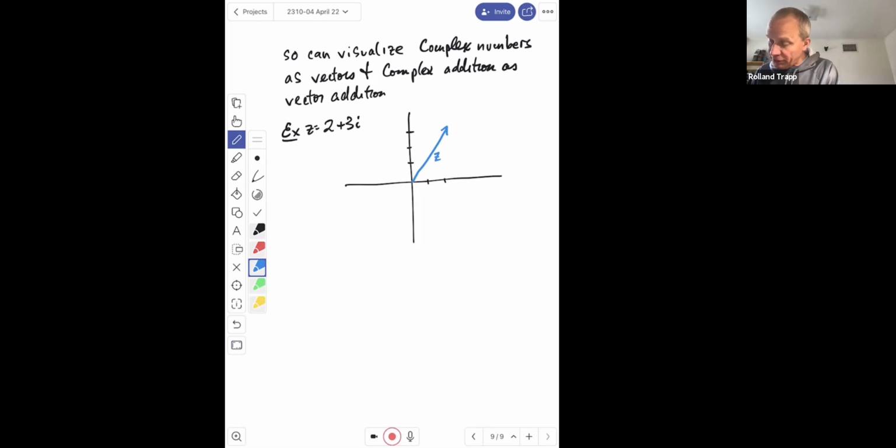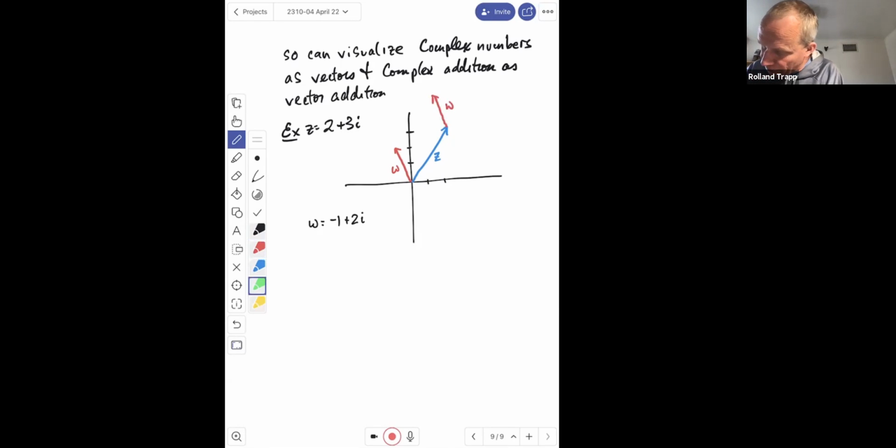And if I wanted to add 2 vectors, if I have W equaling minus 1 plus 2i, then I could sketch W in there. That's my other complex number. And I can sketch Z plus W just by doing the normal tip to tail.